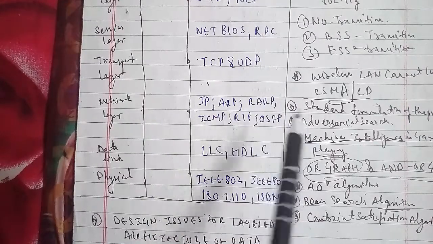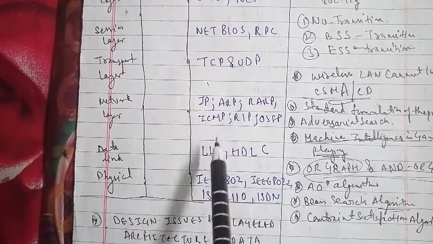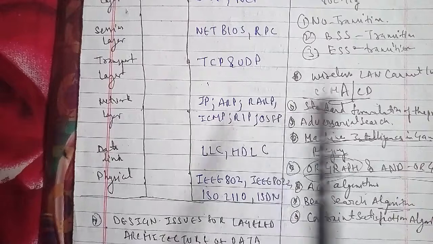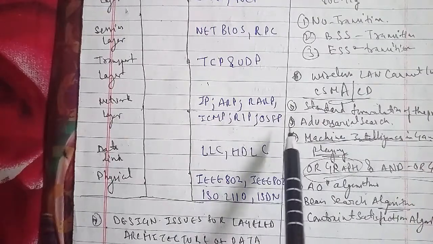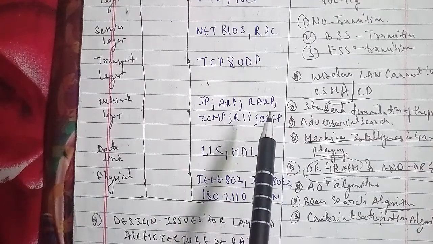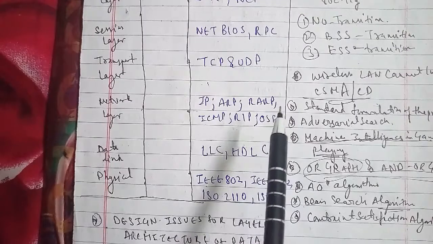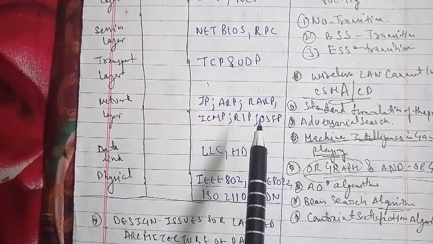The second unit is introduction to search, and here we started with searching for the solution, uninformed search strategies, informed search strategies, local search algorithms and optimization problems, adversarial search, and search for games. Alpha beta pruning, we have to start with that.